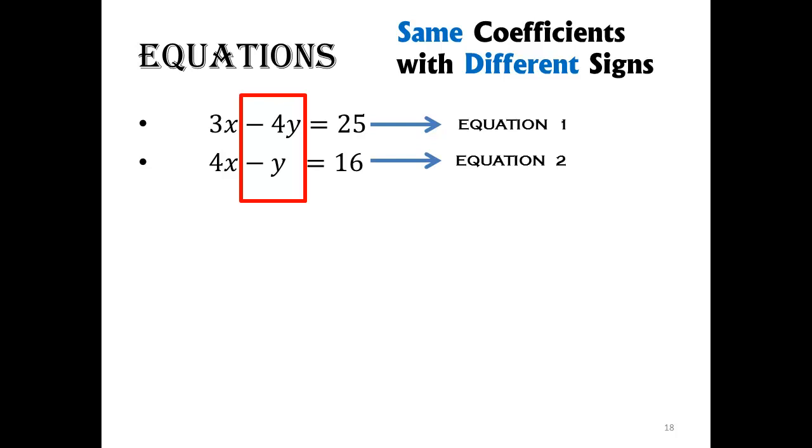To make both the coefficients the same and with different signs, I will multiply equation number 2 by -4, and this will give me minus 16x plus 4y is equal to minus 64.